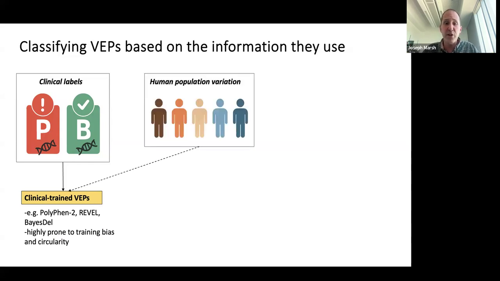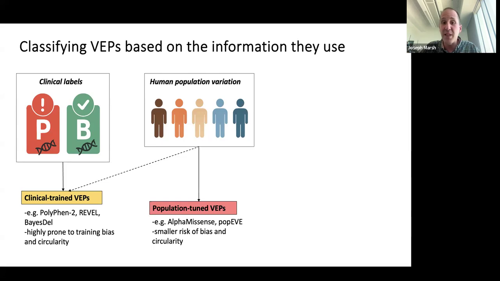A lot of these predictors are often trained on human population variation. That's not clinical labels. This is just variants that have been observed in large sequencing studies across human populations. A lot of these clinically trained predictors use this information, but there's a subset of predictors that just use this kind of information, and it includes AlphaMissense, for example, which hasn't been trained on clinical variants, but it does know about allele frequency, so how common variants are in the human population, and it uses that in a way within its predictions.